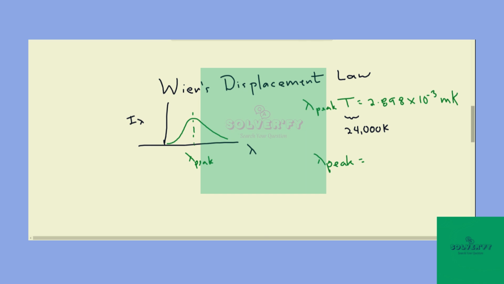But here we find that the peak wavelength is 1.21 times 10 to the minus 7 meters, which is about 121 nanometers. And I will point out that the visible part of the spectrum winds up ending at about 400 nanometers, a little bit less than that. So this is shorter than blue visible light, and we call that ultraviolet.